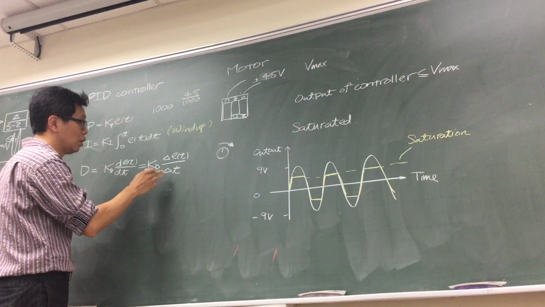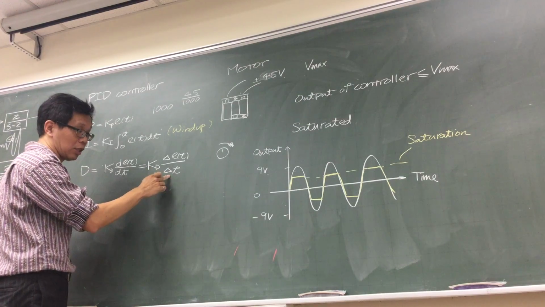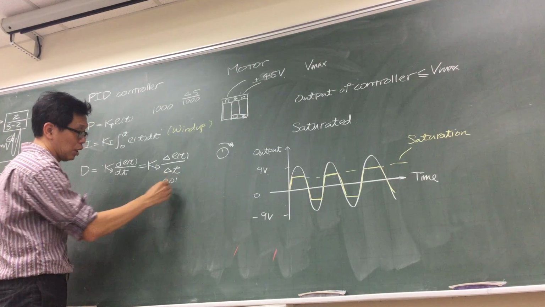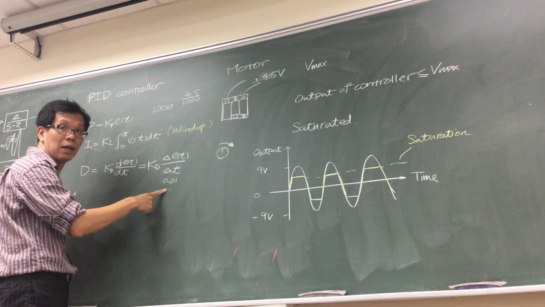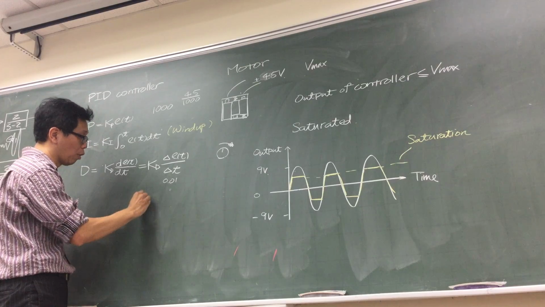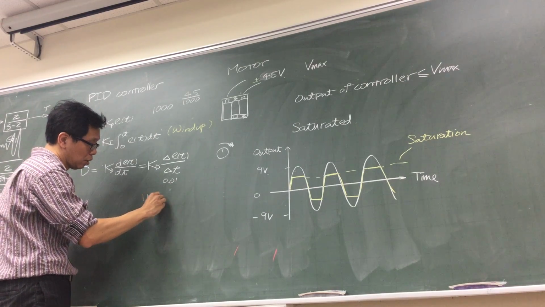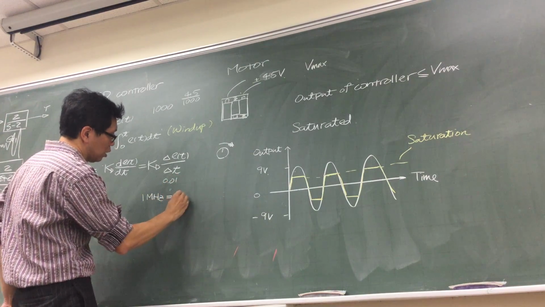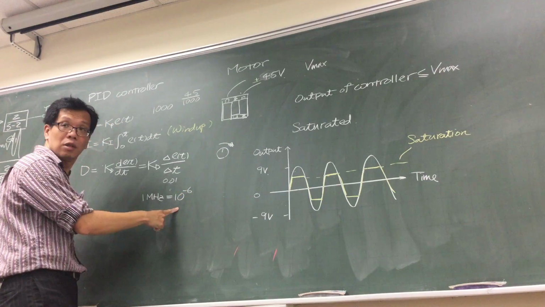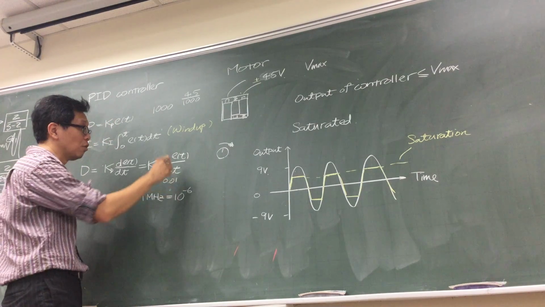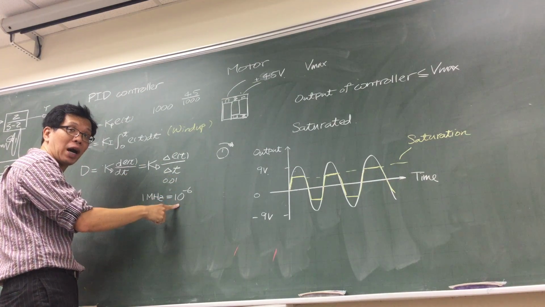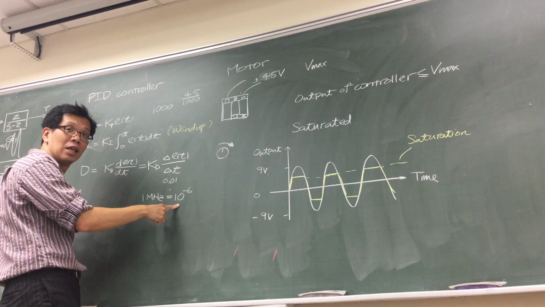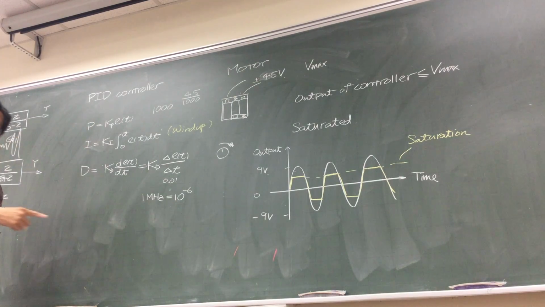So if let's say this is going to be 100 Hertz, the difference is going to be divided by 0.01. If you say it's going to be 1 megahertz, this is going to be this number. So if this one is just a little bit, you're going to multiply that by 1 million. So it can be saturated easily.